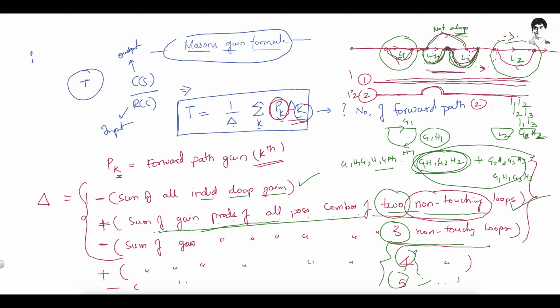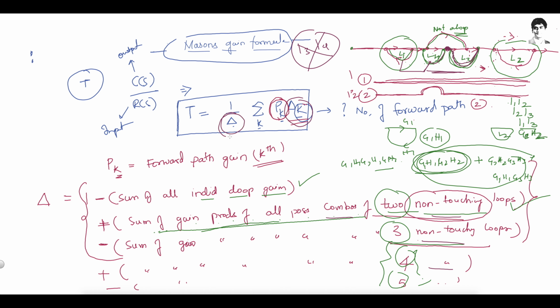You will not consider L3 and L4 when you are calculating any of these combinations. For example, L1 and L4 are still a pair of non-touching loops. L2 and L4 is a pair of non-touching loops. But L4 and L3 is not a pair of non-touching loops. So that is what a non-touching loop is. I hope you got a picture of that.